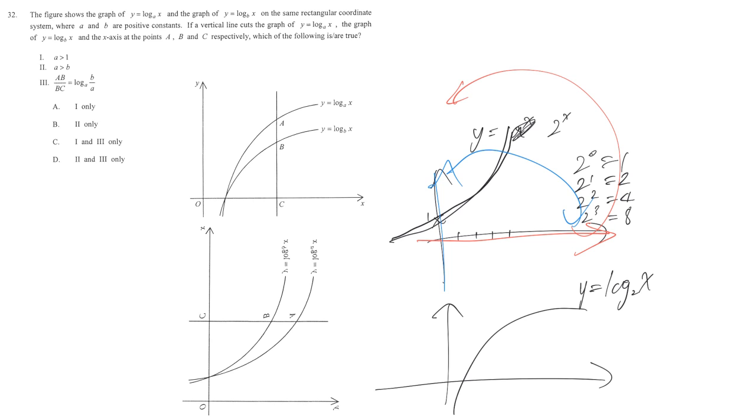So this shows you how they are related. But if you flip the axis, it's no longer the same position. This line is y equal to a power of x, and this line is y equal to b power of x.